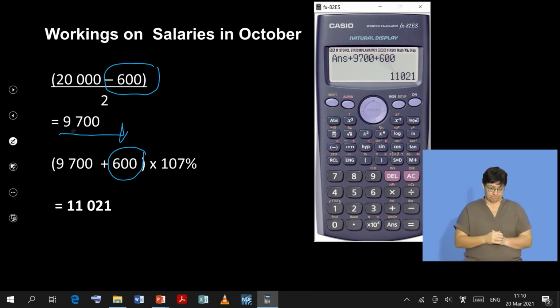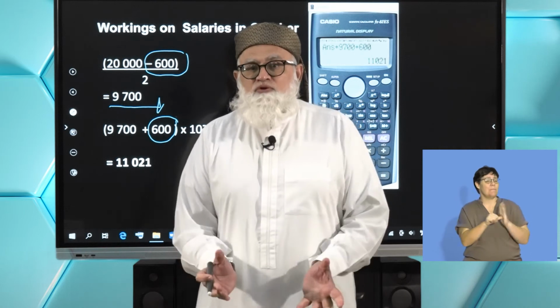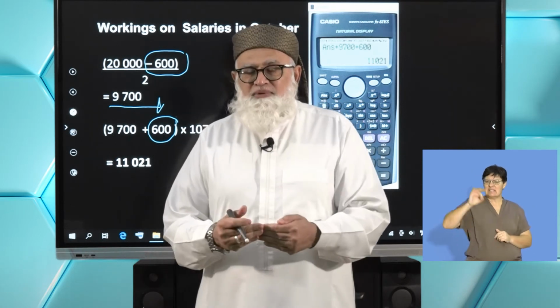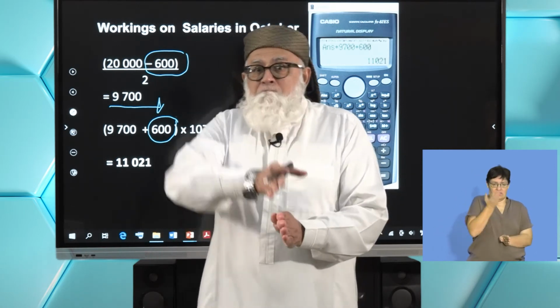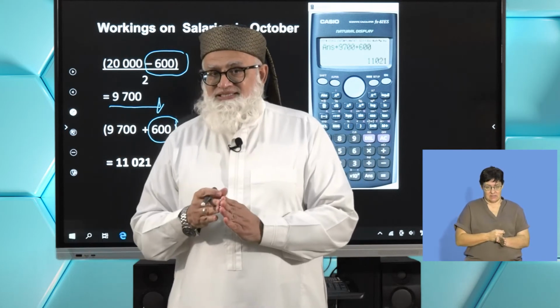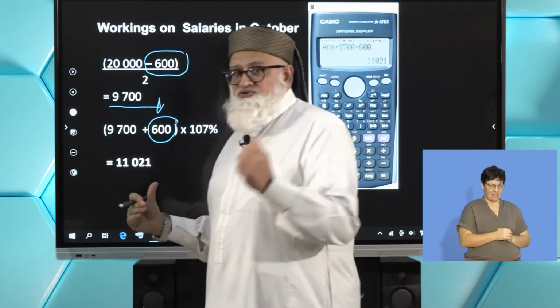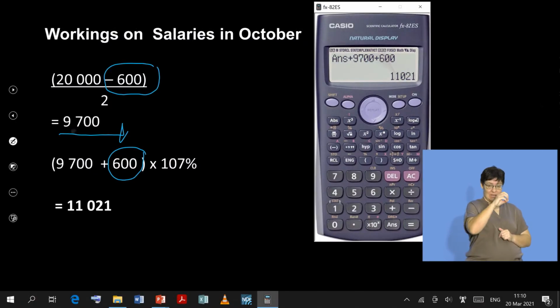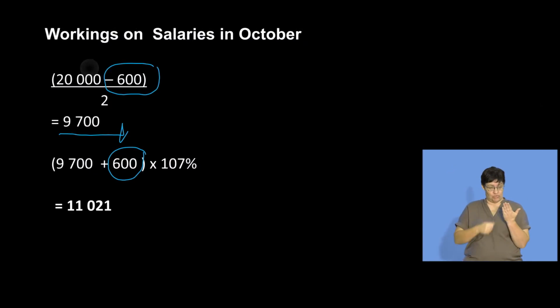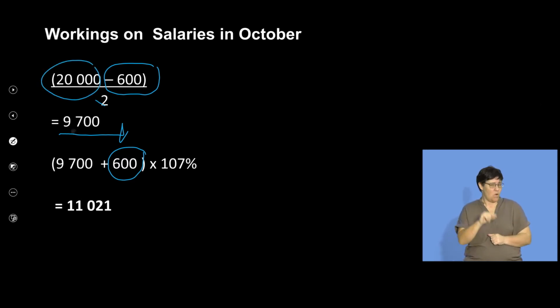What's important when you are doing these calculations is to actually determine what was the salary prior to the increase. In this case, going back to this calculation, just for clarity's sake, take the 20,000 that was given to you here, minus the 600, because they gave you the salary of both the managers, right?